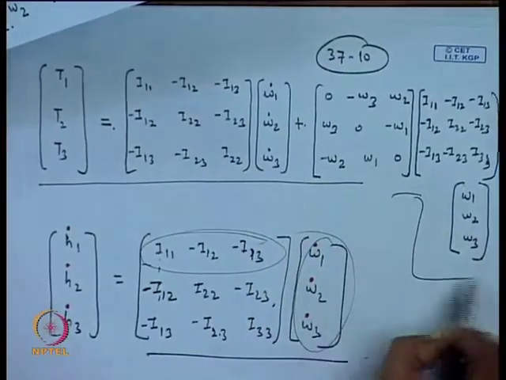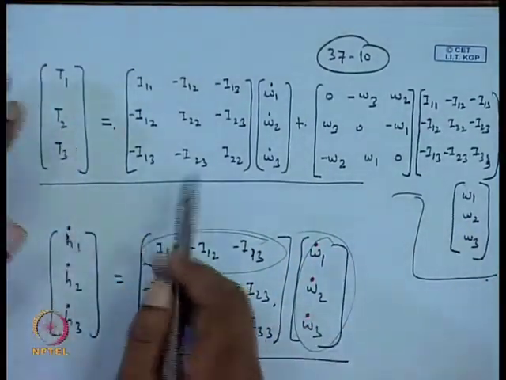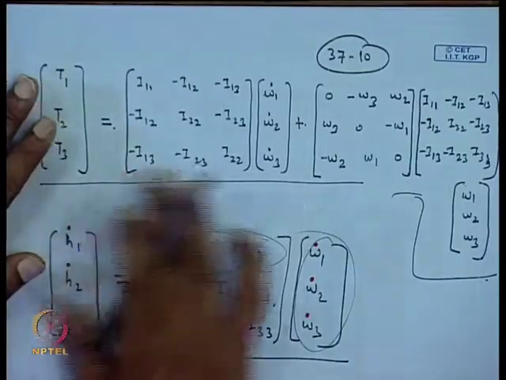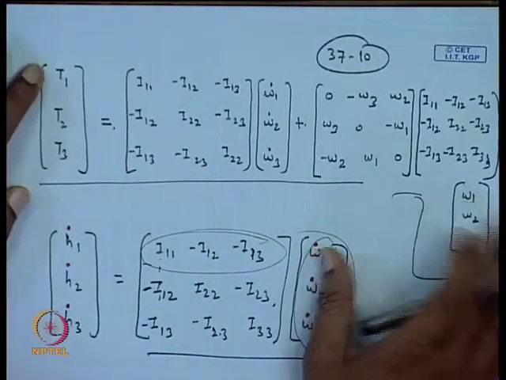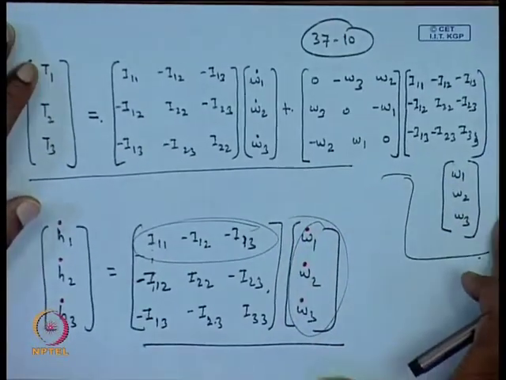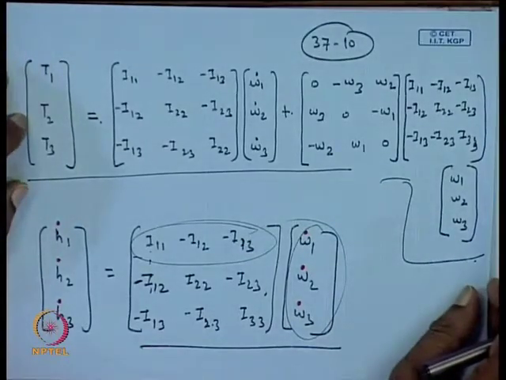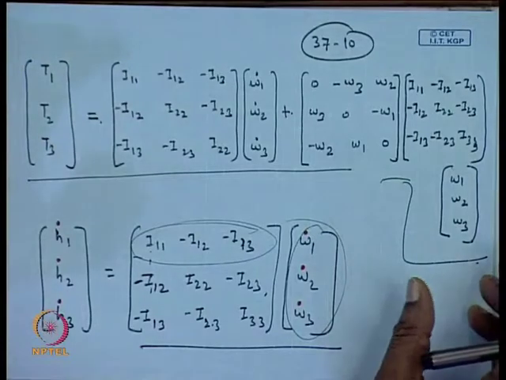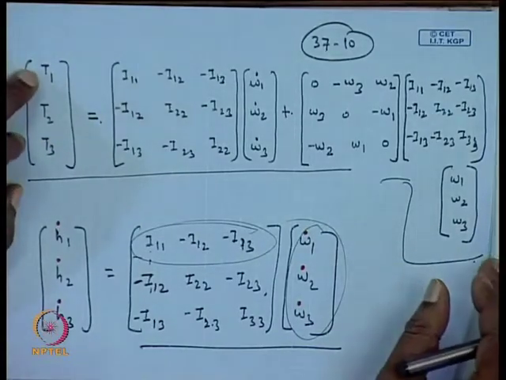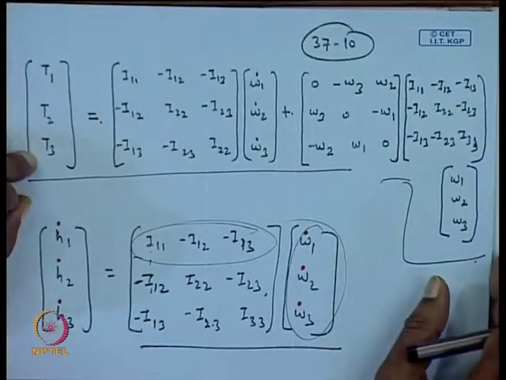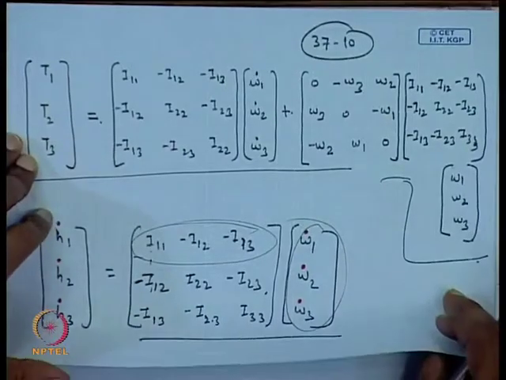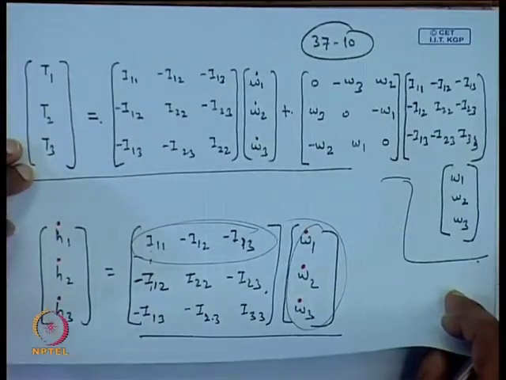So, whatever we have got, it represents that if we apply a torque to a rigid body, the torque is basically taken in the inertial reference frame. Now, T1, T2, T3 is taken in the inertial reference frame, but you can consider that we have the components T1, T2, T3 along the body axes.